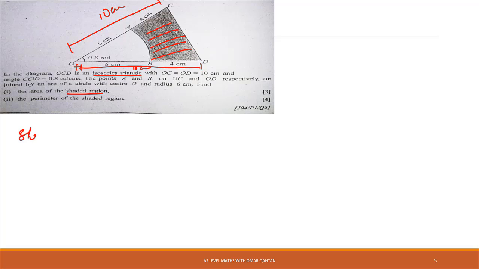So shaded area will be equals to the area of triangle OCD minus the area of sector OAB. That's it.